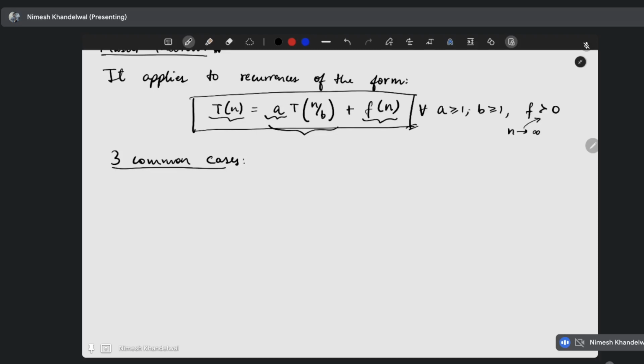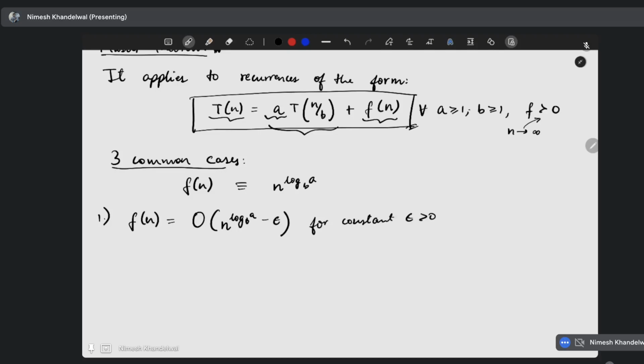What we usually do is compare f of n with n to the power log a base b. In the first case, f of n is O of n to the power log a base b minus epsilon, for a constant positive epsilon.